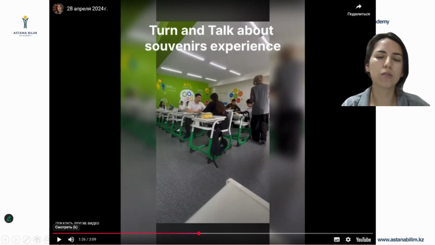The students are already familiarized with the technique, this teacher is actively using pair work in the lessons. When you start using pair work in lessons, believe me, students will get used to it very quickly.